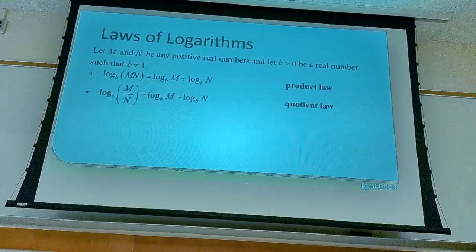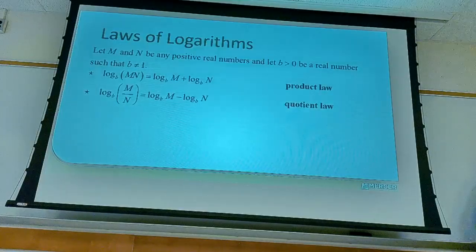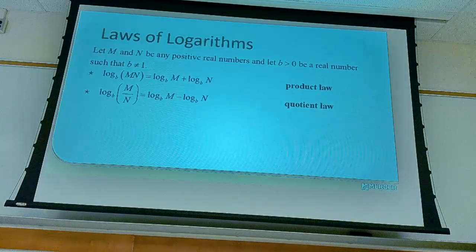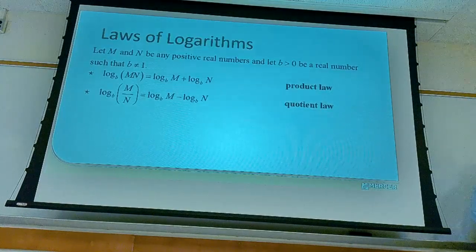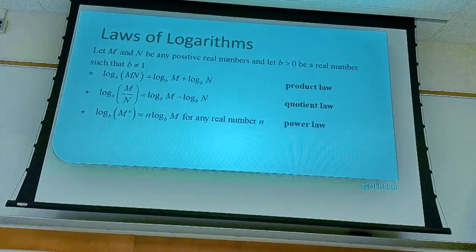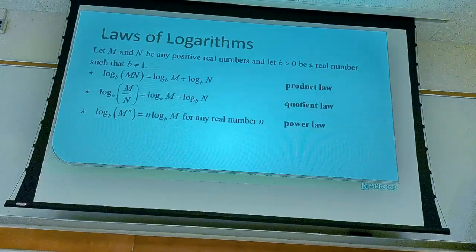Log of m over n is log of m minus log of n. So log of a quotient is the difference of the logs. This is known as your quotient law. Log of m to the nth power is n times log of m.